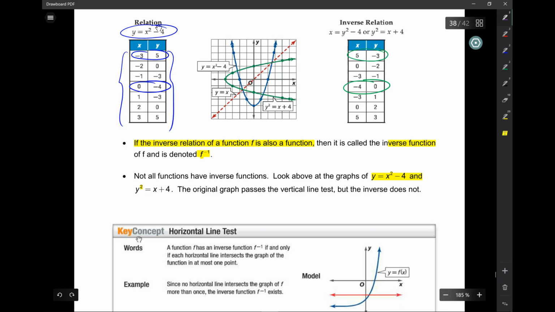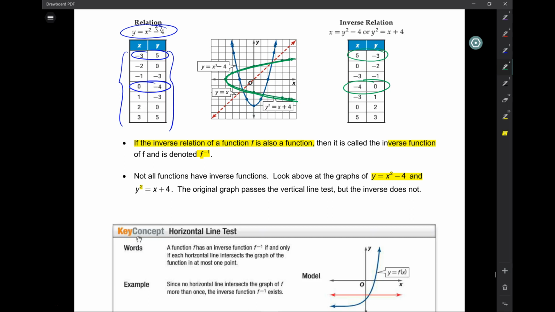Now, the inverse of it is this green. That's what happens if you take all the points and you switch x's and y's, you map out that green. Is the green the inverse of function? No. Okay? So, is the original a function? Yeah. So just because something is a function, it doesn't mean that its inverse will also be a function.